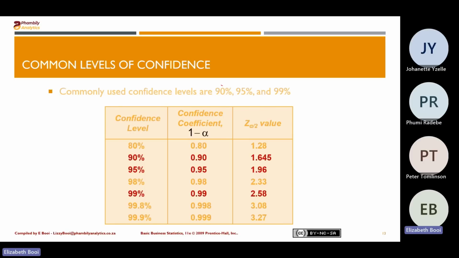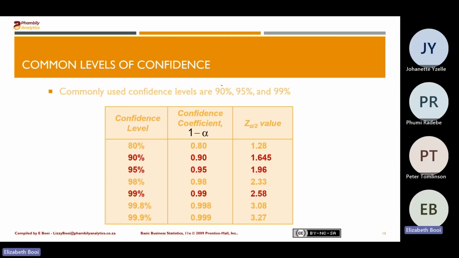If you're doing a confidence level of 90%, your confidence level will be 1 minus alpha, which is equal to 0.9. Your critical value, which is alpha divided by 2 after all the calculation, will be 1.645. If you're doing 95, it's 1.96. If you do 99, it's 2.58. If you do 98, it's 2.33.